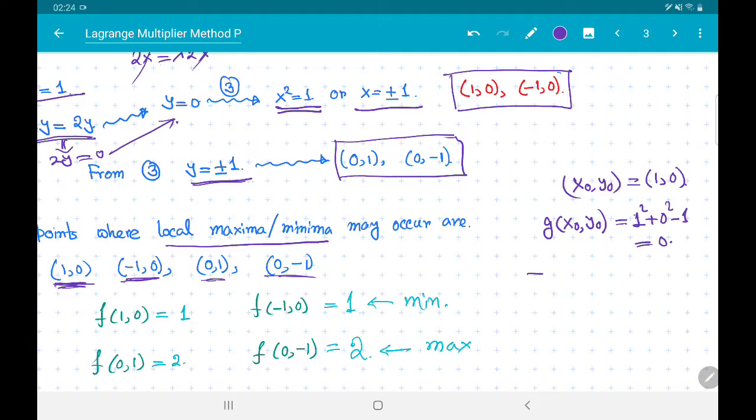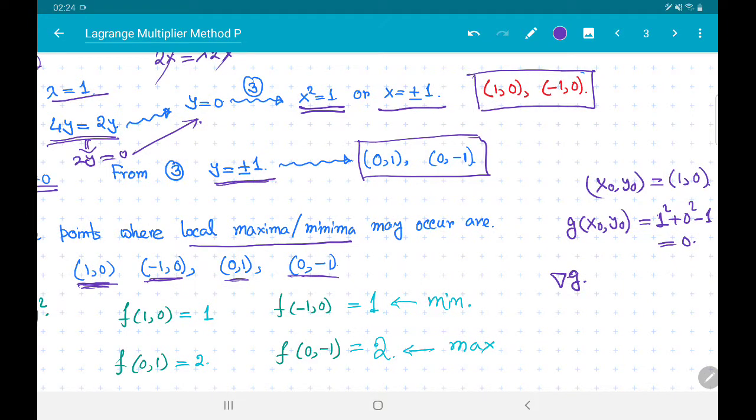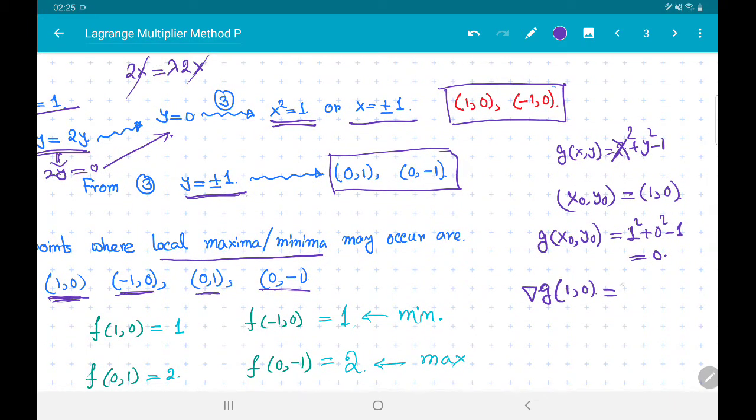So what is the gradient of g? Remember that g of x, y was given by x square plus y square minus 1. The gradient of g at the point x0, y0, which is exactly 1, 0, is given by gx at the point 1, 0 and gy at the point 1, 0.